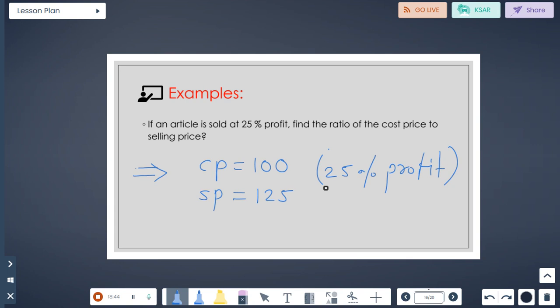Then we have to simplify the ratio of the cost price to the selling price, that is, cost price upon selling price, which is 100 upon 125. After simplifying this, it is 4 is to 5. So the ratio of cost price to selling price is 4 is to 5. Next question.